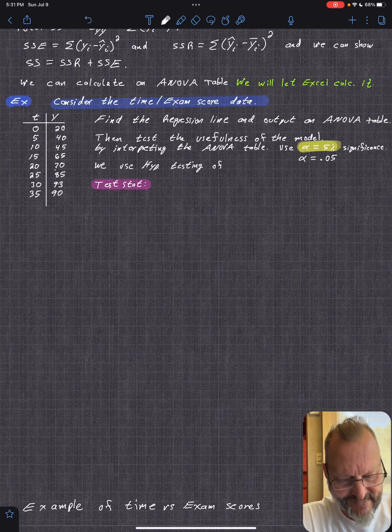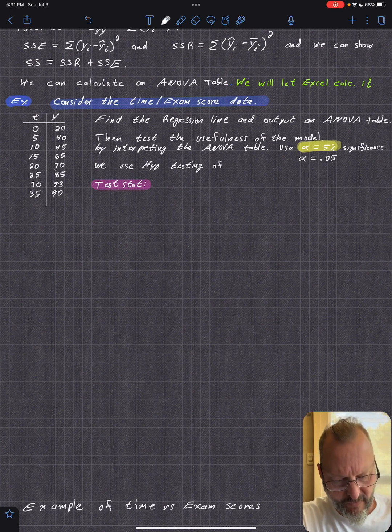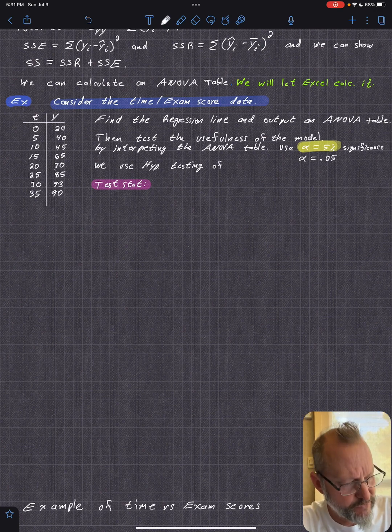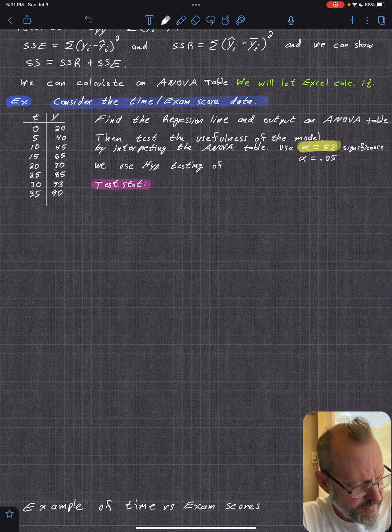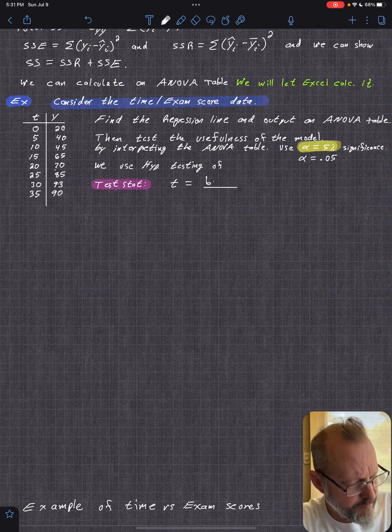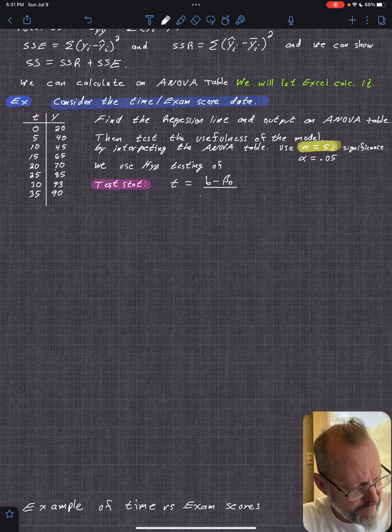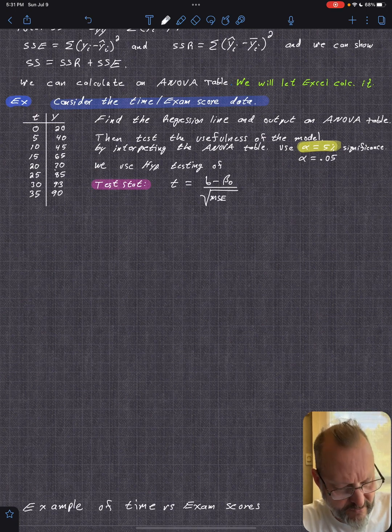The test statistic we use looks like this. I didn't write that one out, but we won't have to actually do this. It is calculated by the computer package. The test statistic T is B minus beta naught over the square root of MSE over SXX.